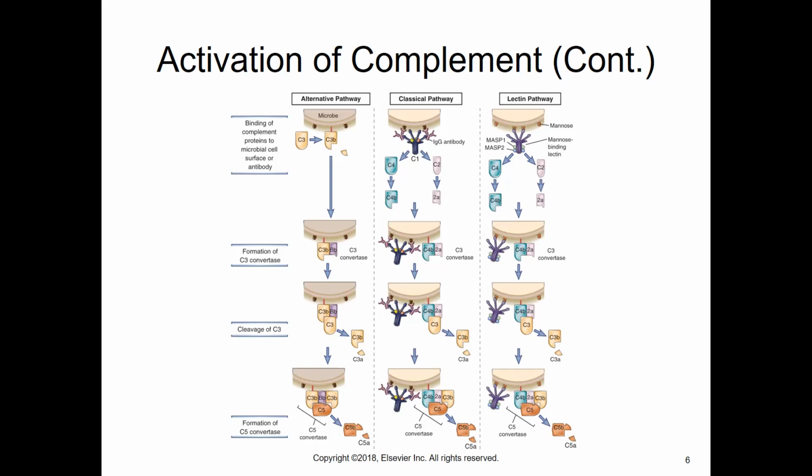Polymorphonuclear leukocytes are neutrophils. And then C5b through C9 is your membrane attack complex, which is the lysis of the cell.